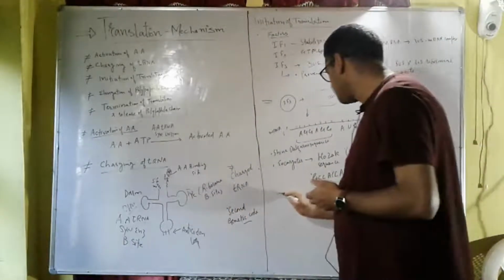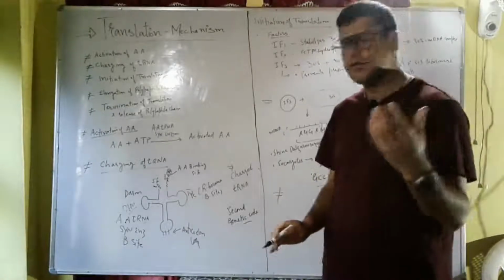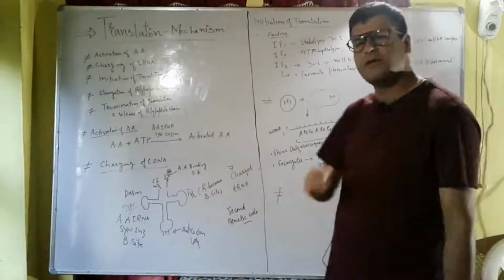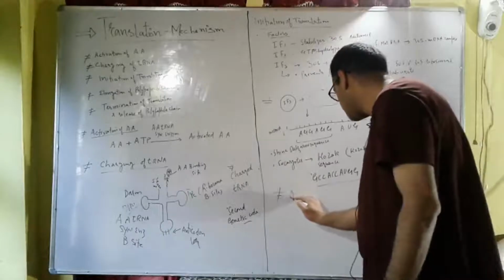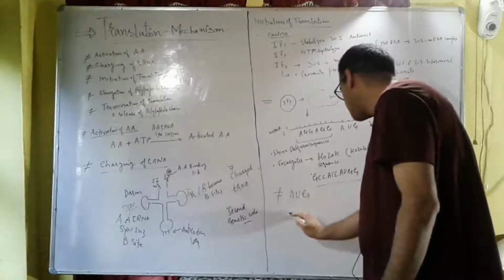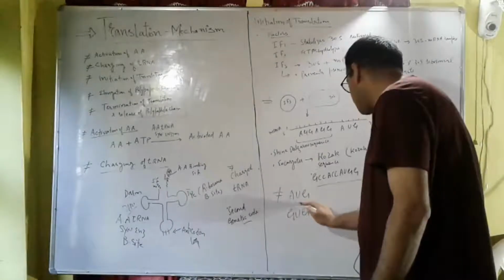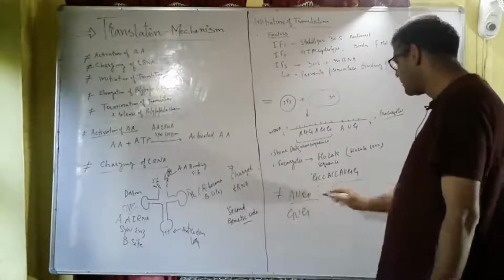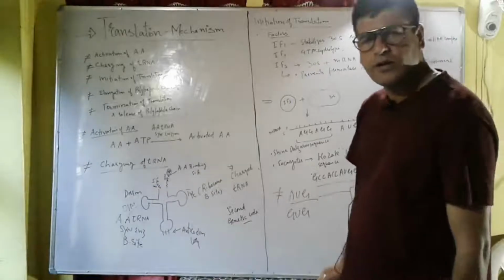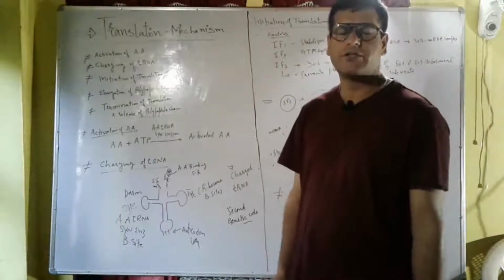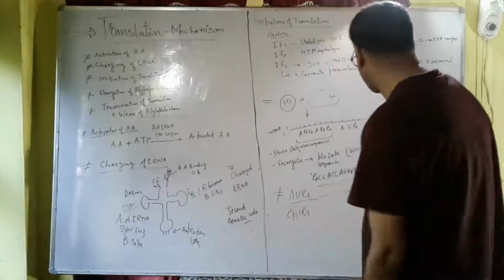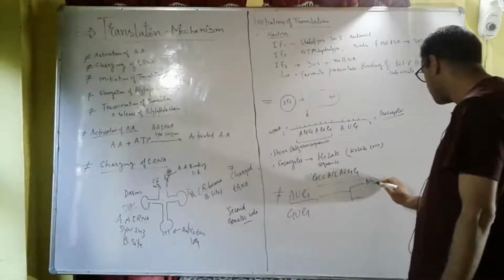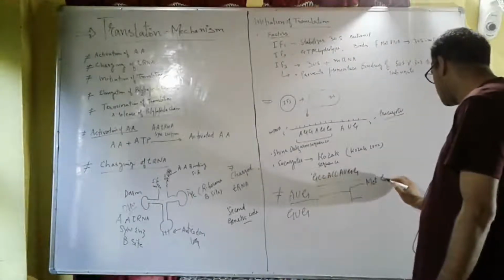So we know that we have initiation codons which are responsible for the initiation of translation, that is AUG and GUG. This AUG is an initiation codon, and the same is GUG, it is also an initiation codon.